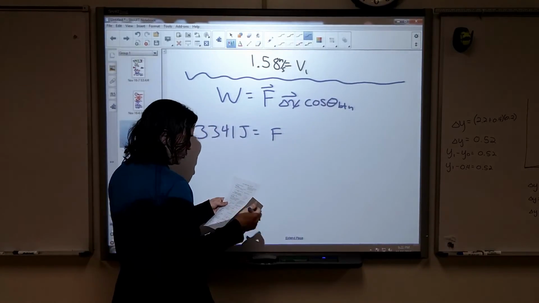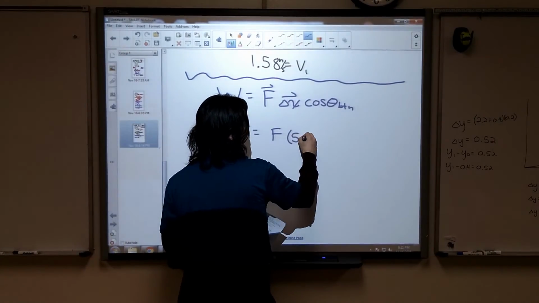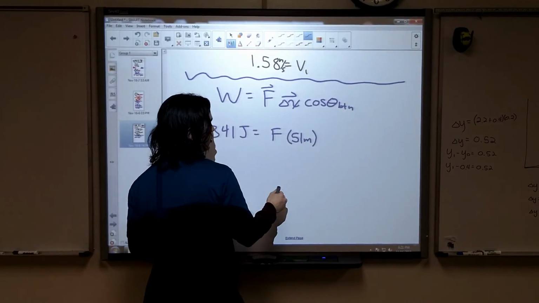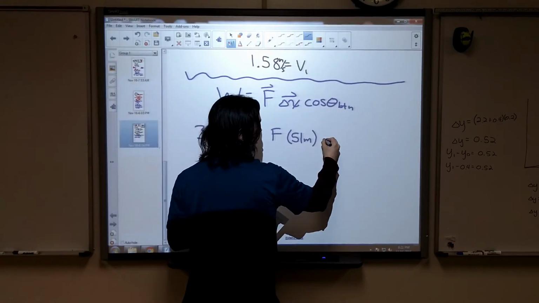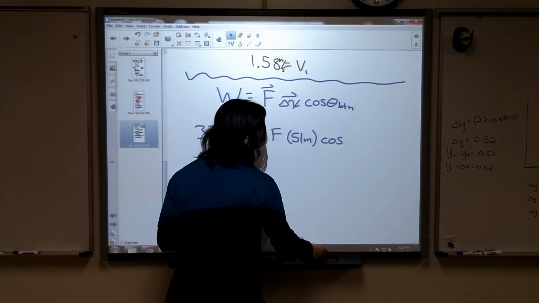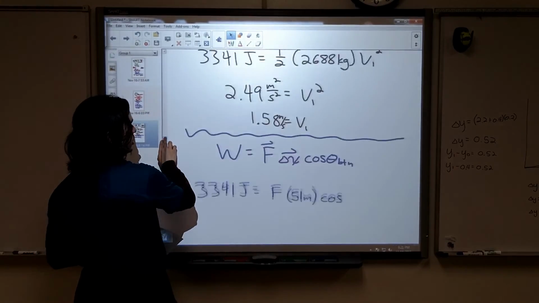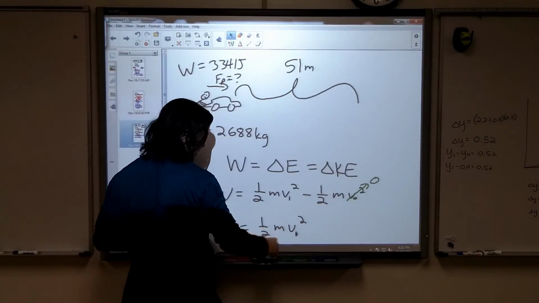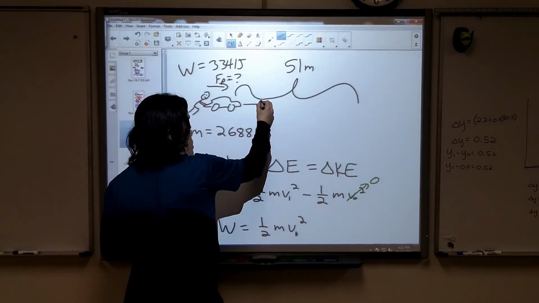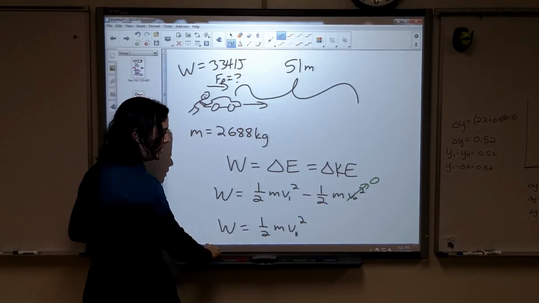And the displacement, well, they told us that the mechanic applied the force doing the work over a displacement of 51 meters. Cosine of the angle between them, let's look at our picture. Our force is to the right, and the car, our displacement, is also to the right.